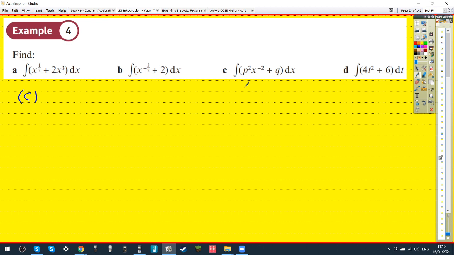P is just a number, I believe. What would be the integral of the second part? P and Q are just numbers. Constants. Minus x to the power of minus 1. The Q part.